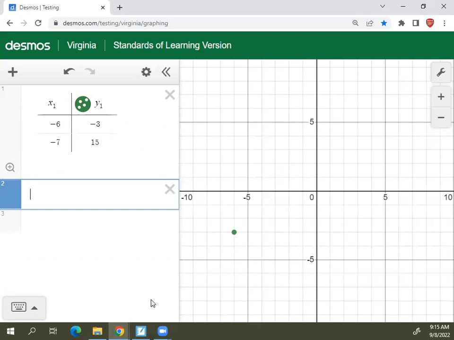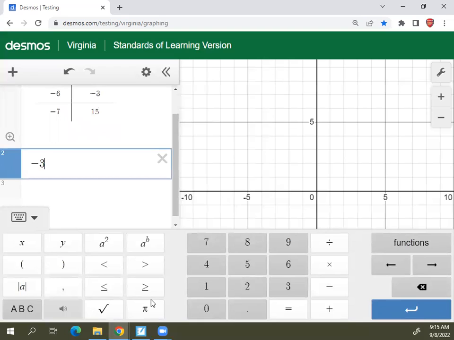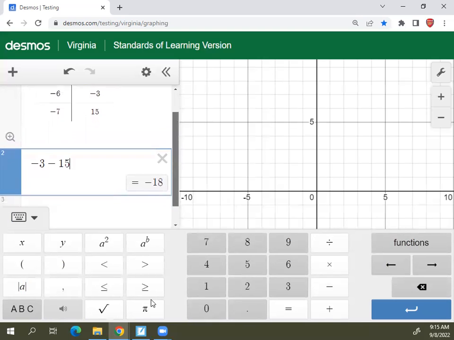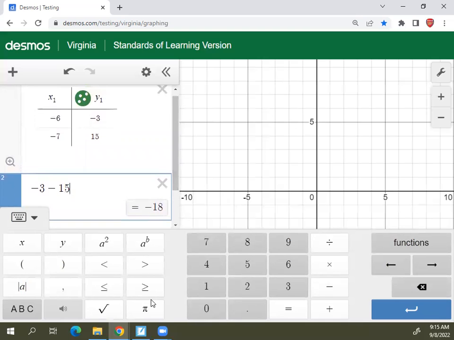So I want to subtract the Y's first. You can see this second column is my Y's. So I can just do -3 minus 15. And that gives me -18. That's my y subtracted. And then I can do the same thing for the x's.